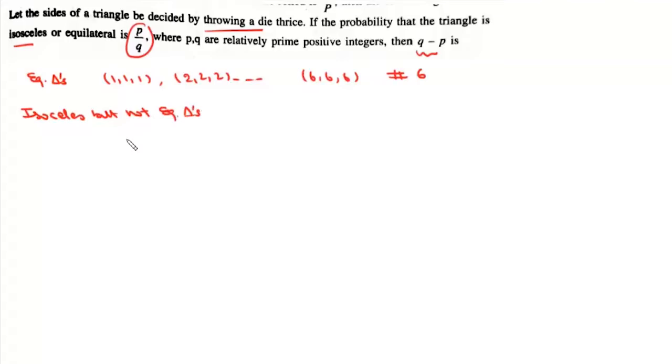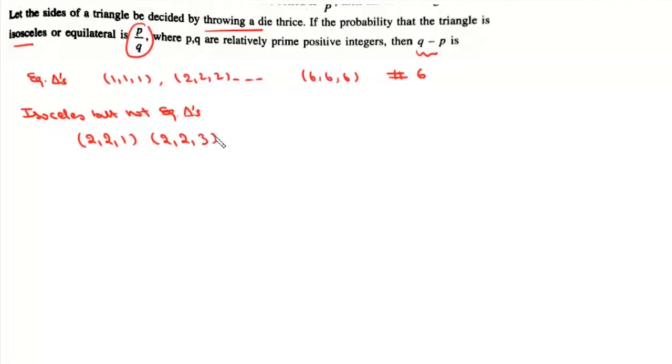Now, with 1 we can only have 1, 1, 1. 1, 1, 2 will be a straight line. So the first isosceles triangle we'll get is with 2. So it'll be 2, 2, 1. Then 2, 2, 2 will be an equilateral triangle. Then we'll have 2, 2, 3.